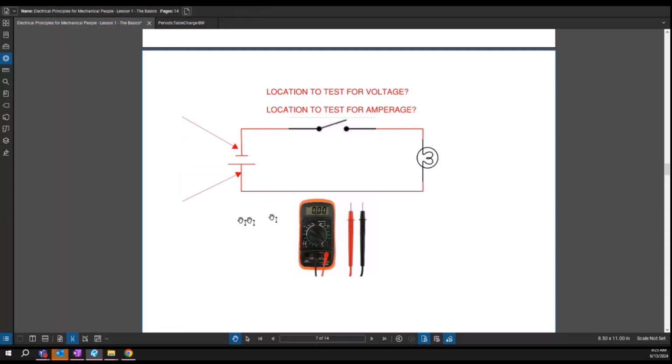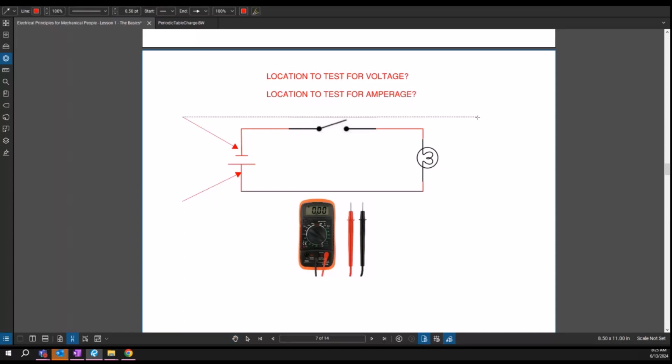Okay. Yes. And you can also put it, this is a guess, on either side of the resistor. The load. Yes. Assuming the switch is closed, yes, this is correct.